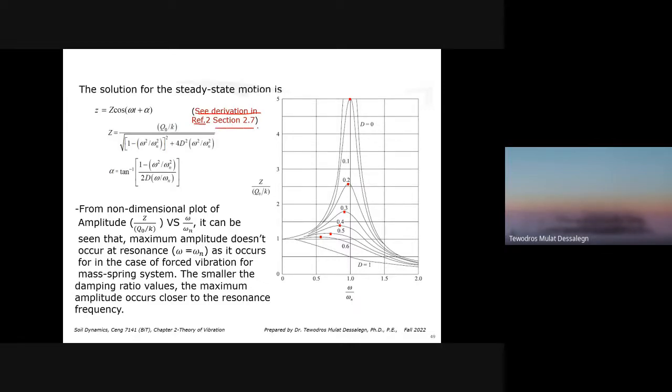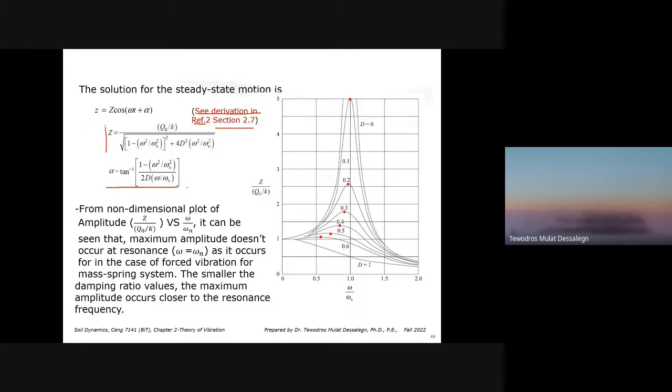If you are interested, feel free to go ahead and look at it, and you'll see how they arrived at this compressed form of equation. So capital Z, which is the amplitude, is given in terms of the force amplitude Q naught, K the stiffness of the soil, the frequency ratio, and damping ratio. And alpha, the phase angle, is also constant, given by the frequency ratio and damping ratio.